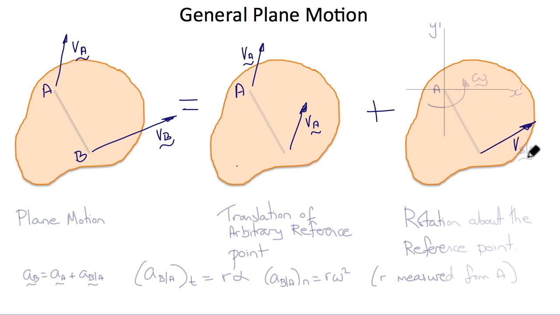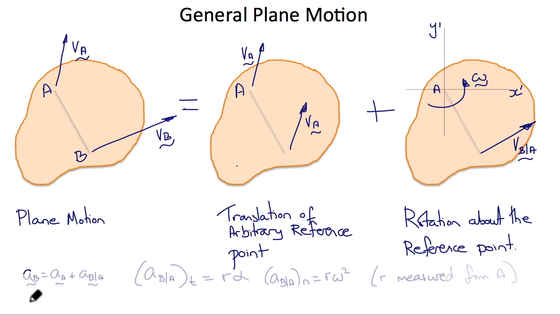So this is the velocity of B relative to A, which is equivalent to angular velocity omega, referenced to a new reference frame x prime y prime that has A as its origin. So we've said that a plane motion can be represented as the sum of the translation of an arbitrary reference point, in this case A, and a rotation about that reference point.